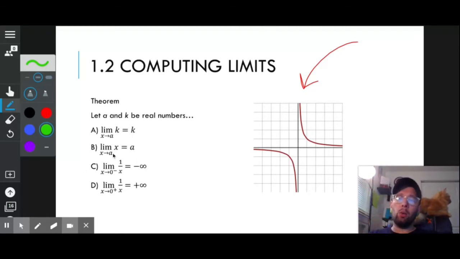If I were to take the limit as x approaches 3 of x, that equation is y equals x. That's a perfect diagonal line. All I have to do is just plug in x.